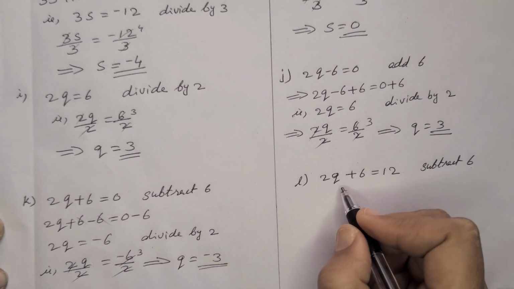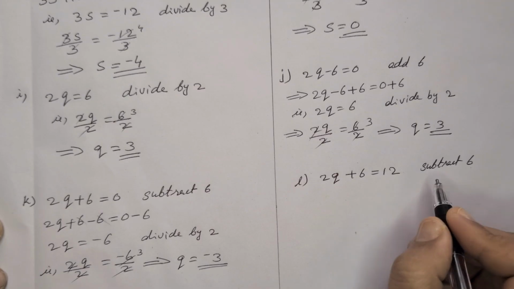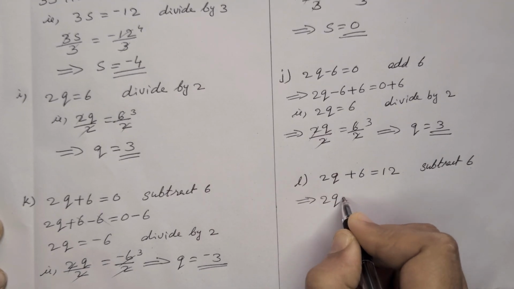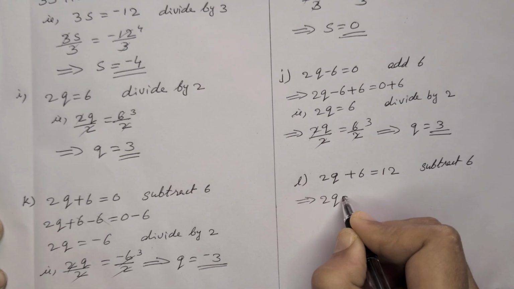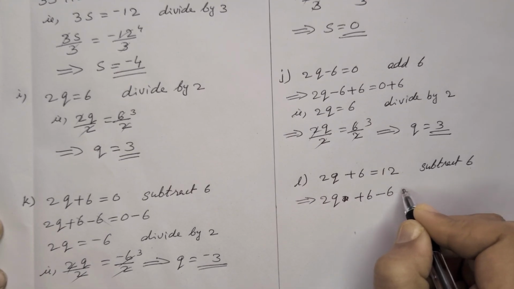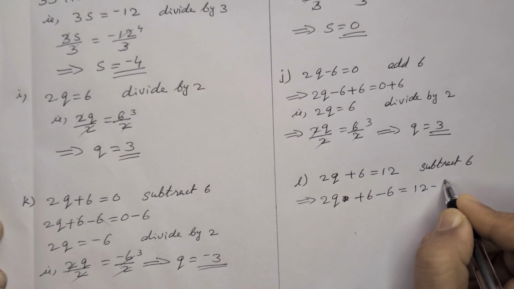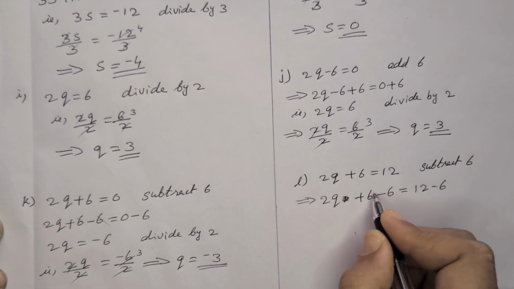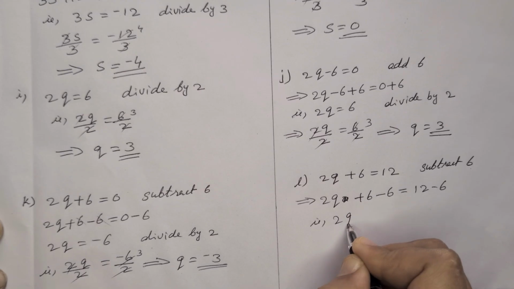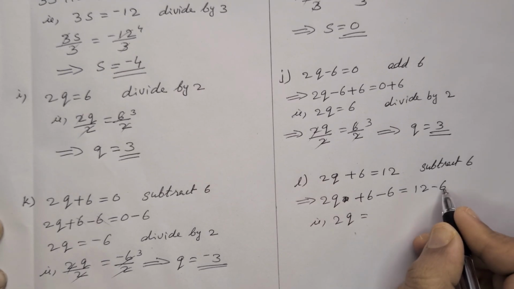Last one, 2Q plus 6 is equal to 12. Subtract 6, which implies 2q plus 6 minus 6 is equal to 12 minus 6. 6 and 6 will cancel. That is 2q is equal to 12 minus 6.